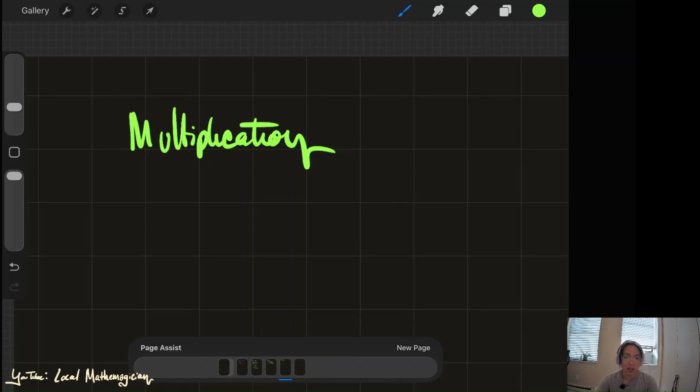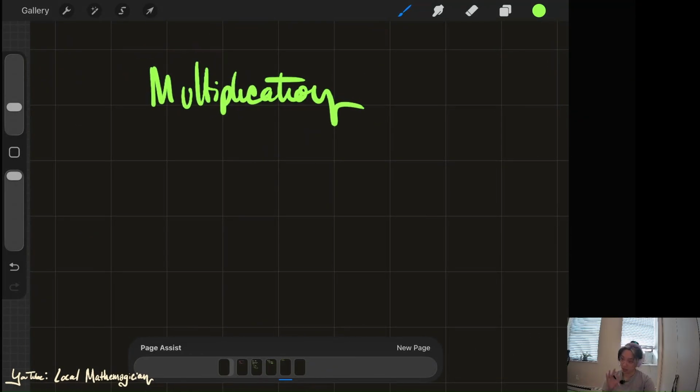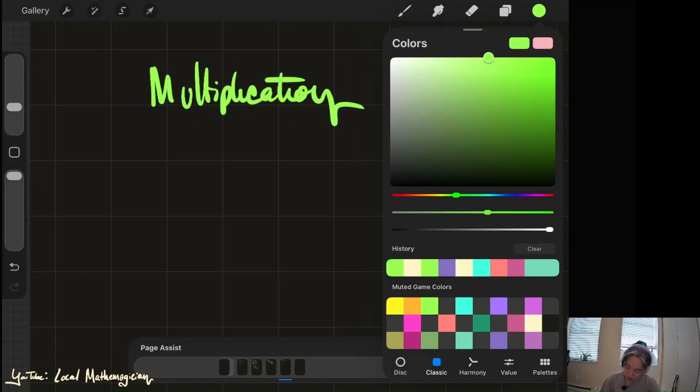Multiplication is also very easy. Okay, hear me out. So, again, this is where the distinction between the base or the radicand and the index is very important, okay?